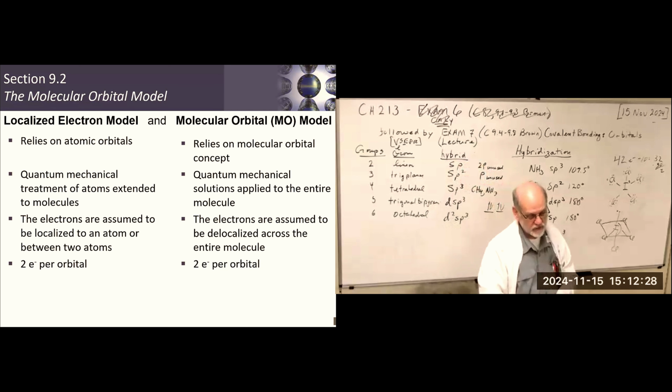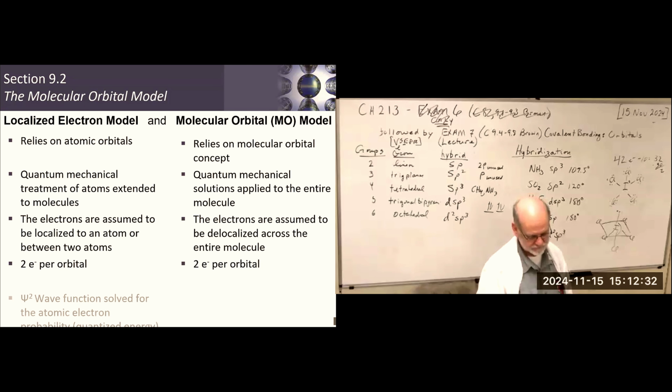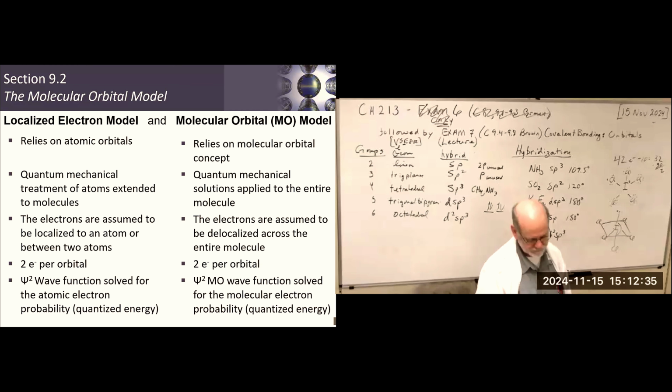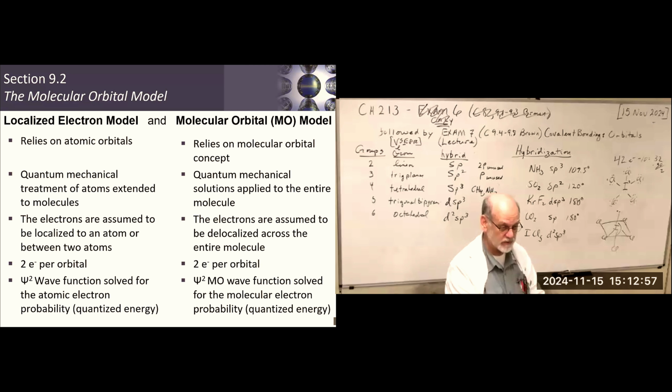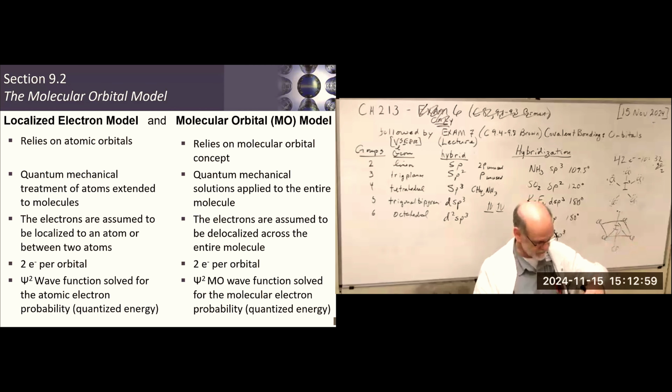So we still only have 2 electrons per molecular orbital, just like with the atomic orbitals. And in the chi-squared calculations, you get a different chi-square for the localized electron model than you do for the molecular orbital model, but it gives you the same type of information. The energies are quantized. That is, for molecular orbitals, you can only have this energy or this energy, nothing in between.